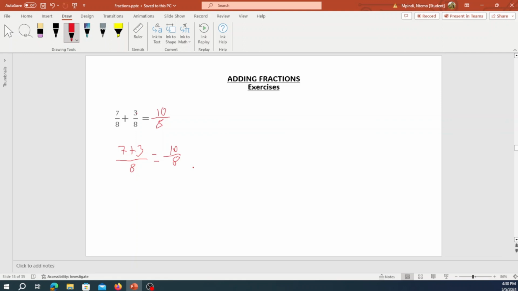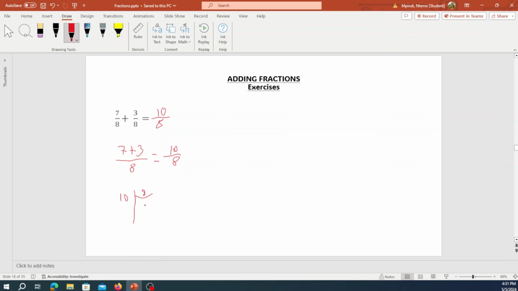So in some situation, let's say you wanna change this to a mixed number. This is how you're gonna do. Okay, so you're gonna get this 10. You wanna change this to a mixed number, so you're gonna get 10 divide here 8.